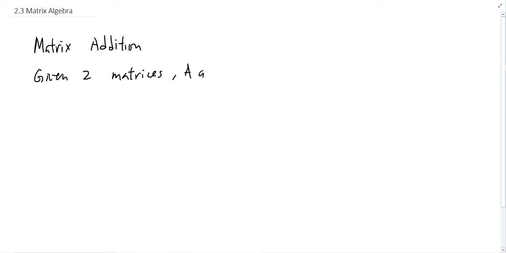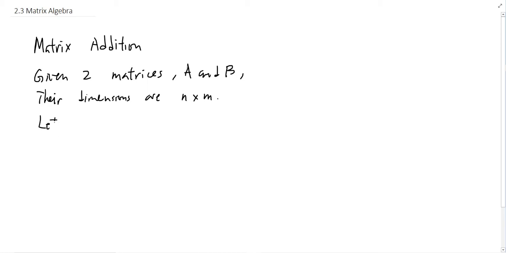The first operation that we're going to define is matrix addition. So given two matrices, let's say matrix A and matrix B, let's say the dimensions are the same, an n by m matrix.